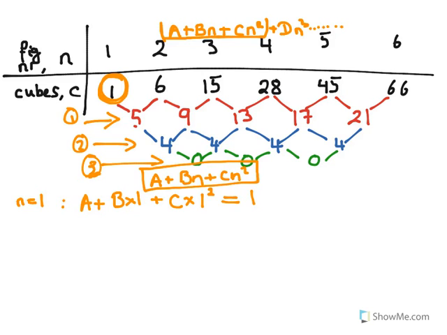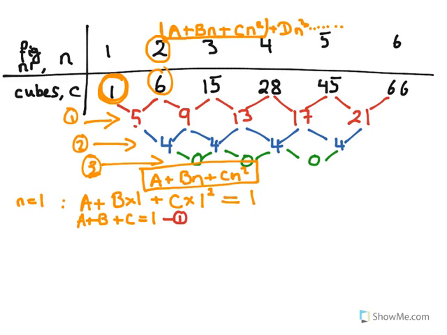So we can readjust this equation. It gives us that a plus b plus c equals 1, since b times 1 is b and c times 1 squared is c. So our first, very important equation is that a plus b plus c equals 1.